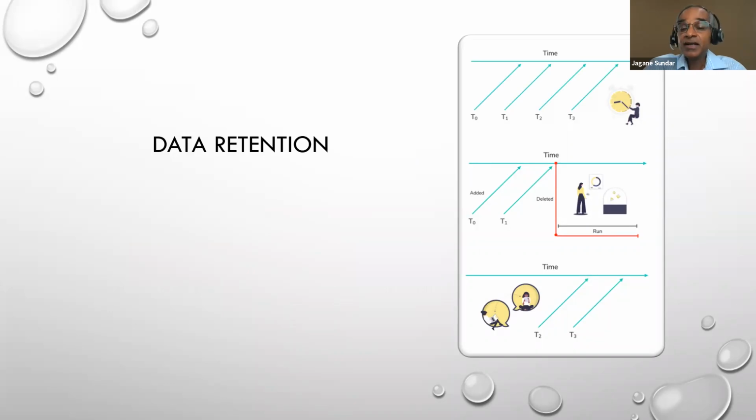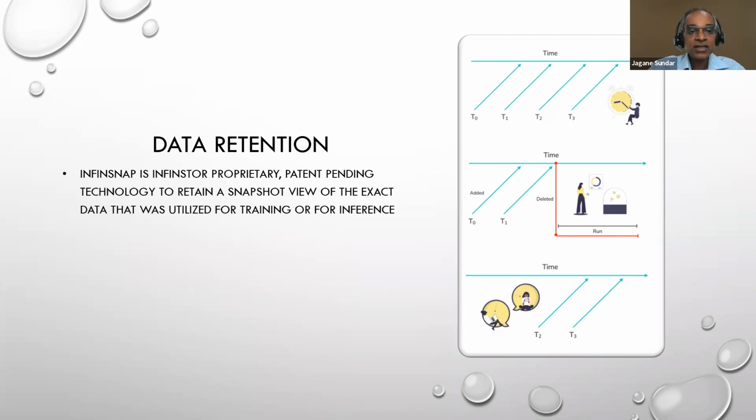Let's take a look at the data retention capabilities that InfinStor MLflow offers. We have a proprietary technology called InfinSnap, which is a snapshot of data. What this does is that at the beginning of any training or inference run, we will take a snapshot of the data and record the snapshot in the experiment run as a parameter.